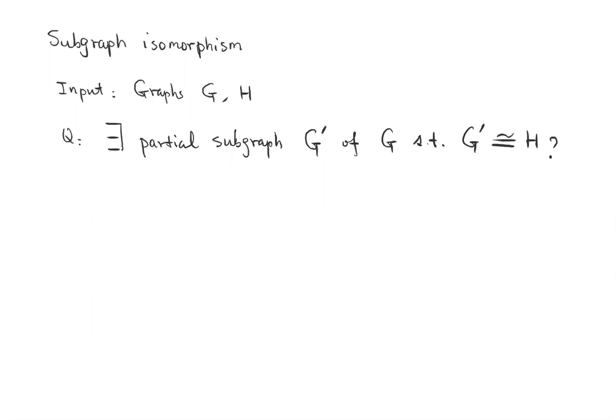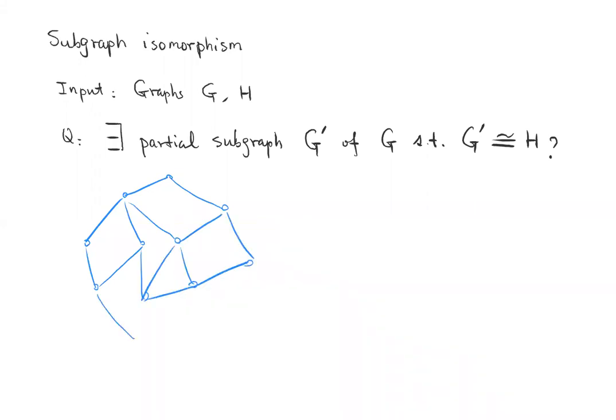I have a graph G, a host graph, and a guest graph H. The question is whether you can find a copy of H inside G. So it's a partial subgraph.